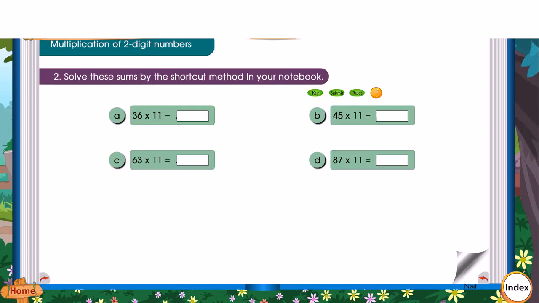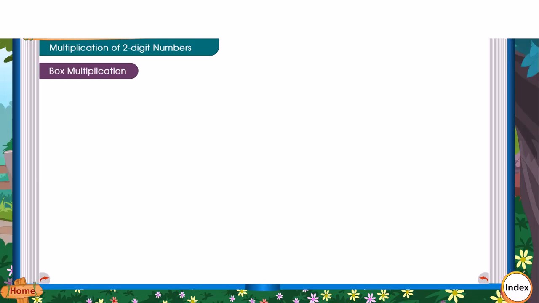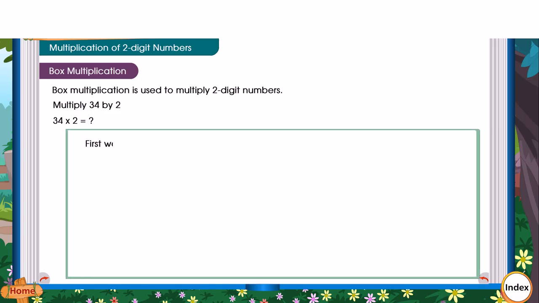Exercise. Box multiplication. Box multiplication is used to multiply two-digit numbers. Multiply 34 by 2. 34 into 2 is equal to how much? First, we break up 34 into 30 and 4.